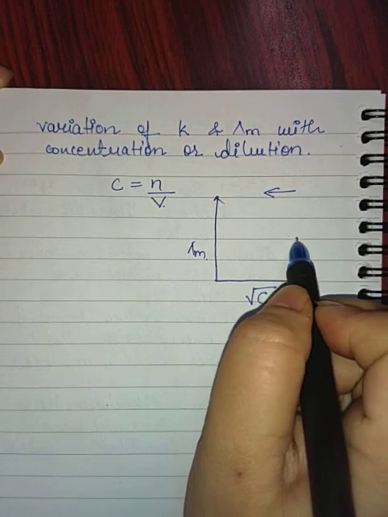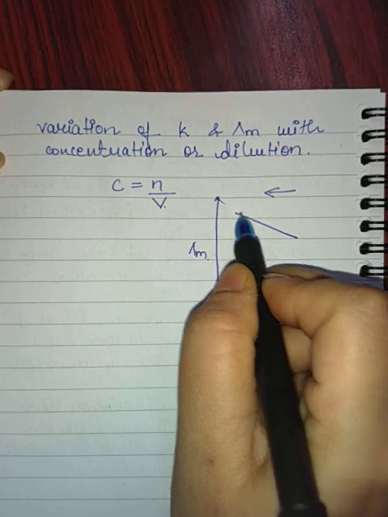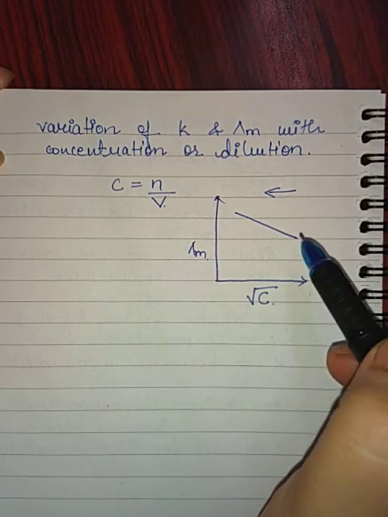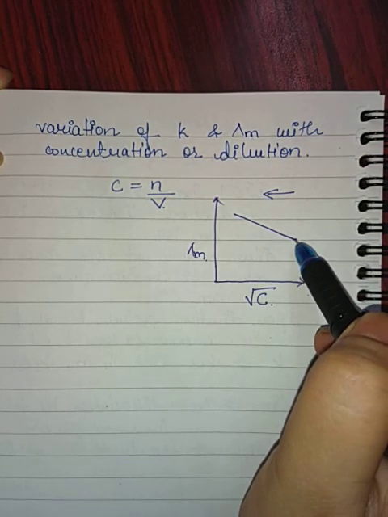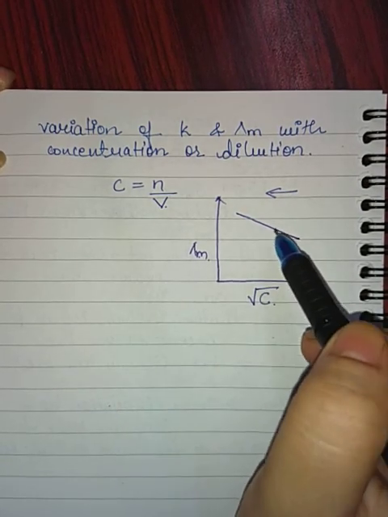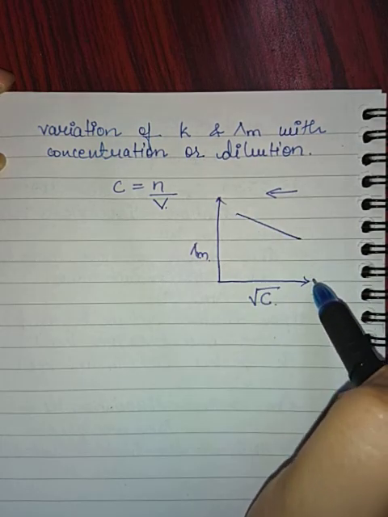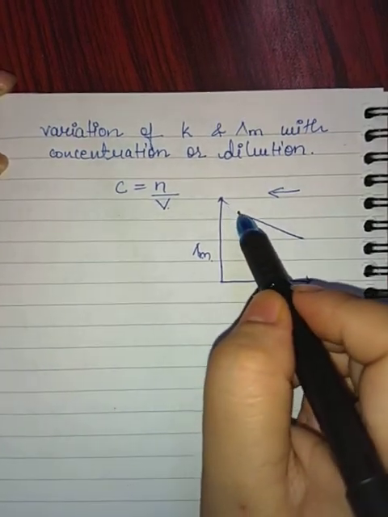So for strong electrolytes, the graph is actually a straight line. So basically we can say that the molar conductivity for strong electrolytes is increasing, but the increase is very gradual, with decrease in concentration or increase in dilution.